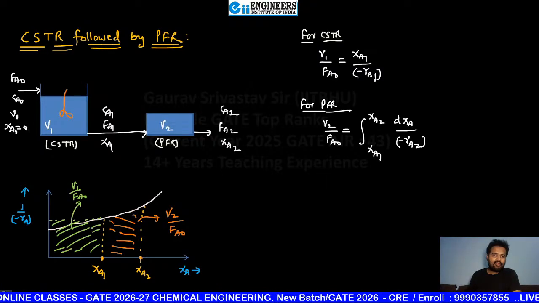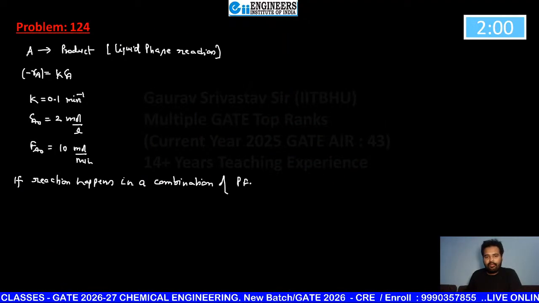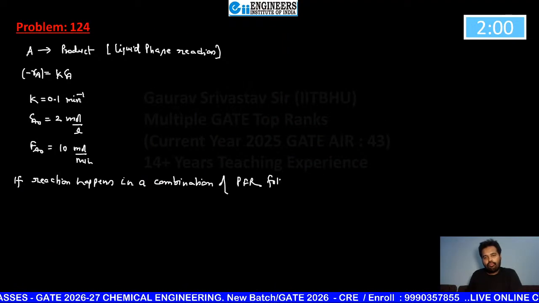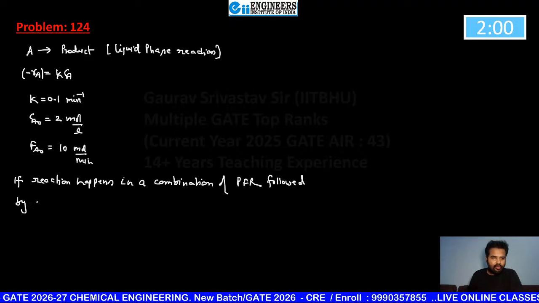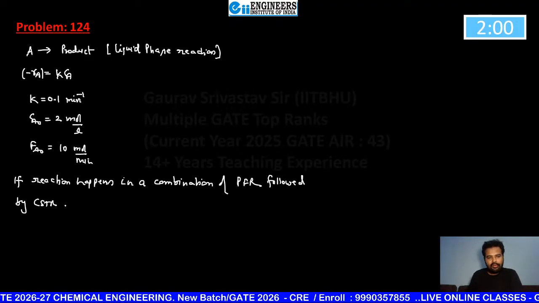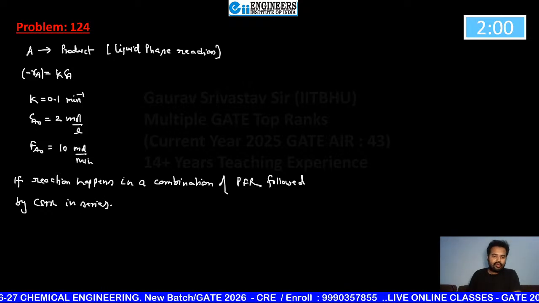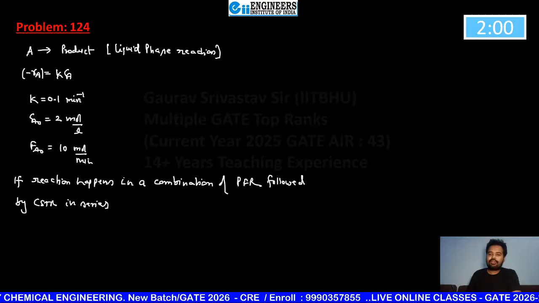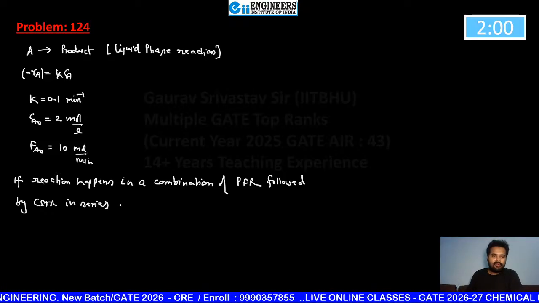first केस क्या था यार, PFR followed by CSTR, PFR followed by CSTR in series, ओवरऑल कन्वर्जन कितना ले लें, 70 और 95 ले लेते हैं.